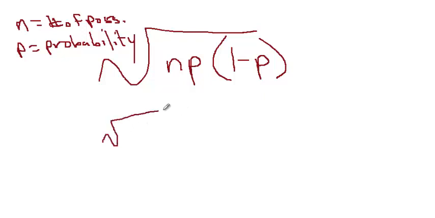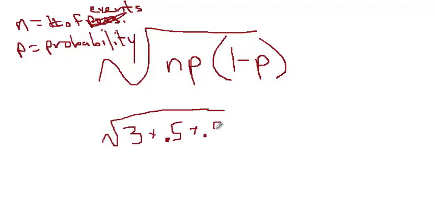So in this case, the standard deviation is the square root of n. There are three events here because there were three children. Times p, the probability of each one, which is 0.5, times 1 minus p. Now 1 minus p is 1 minus 0.5, which is also 0.5. So 3 times 0.5 times 0.5.